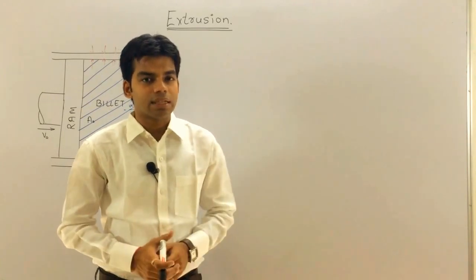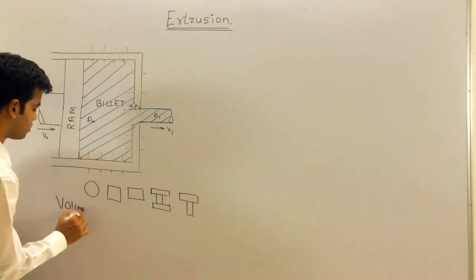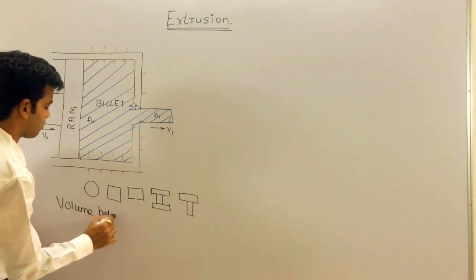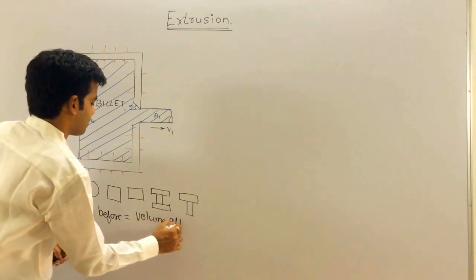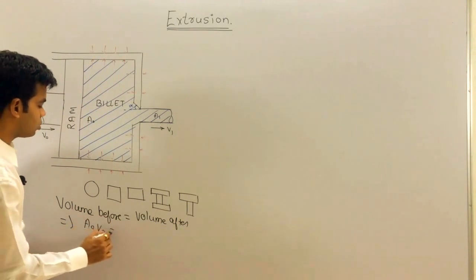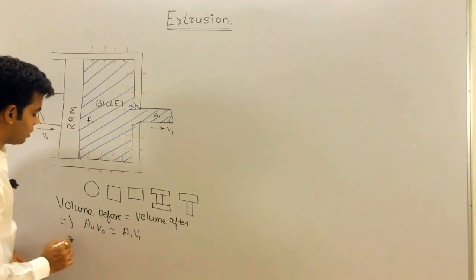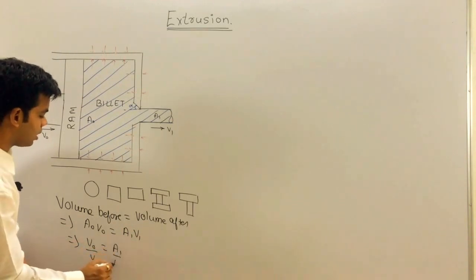And if the material is incompressible, then obviously the volume before extrusion should be equal to the volume after extrusion. Okay, or you can say A0 into V0 should be equal to A1 into V1, or you can say V0 by V1 is equal to A1 by A0.